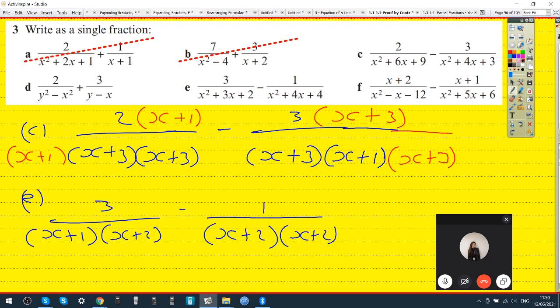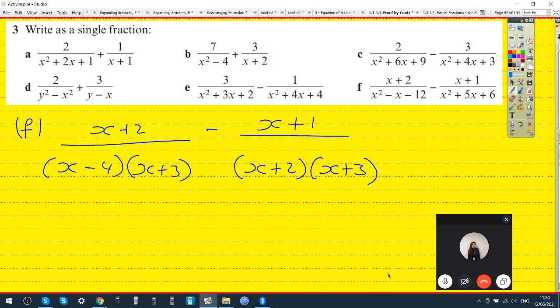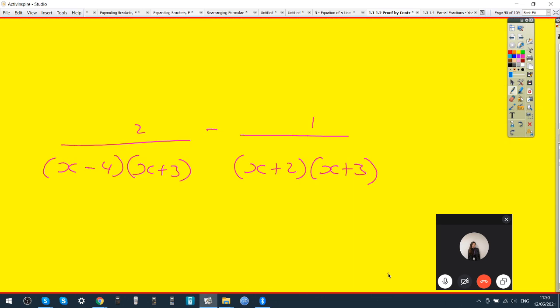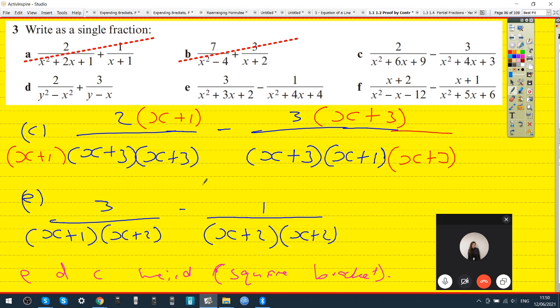That has weird stuff. E, D, C weird. Square bracket. So I don't waste my time again with those questions. Like, there's no need for them to do the same thing twice. X plus 2, x plus 3.